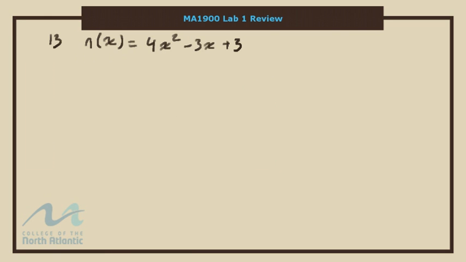So now, when I come back to look at B, B is going to be n of 5. So when I go to do n of 5, I do the same thing again.